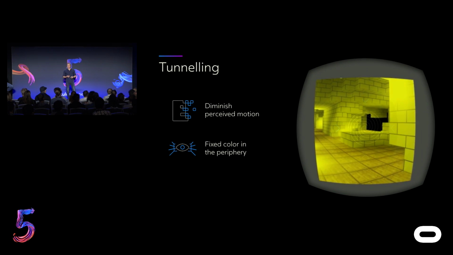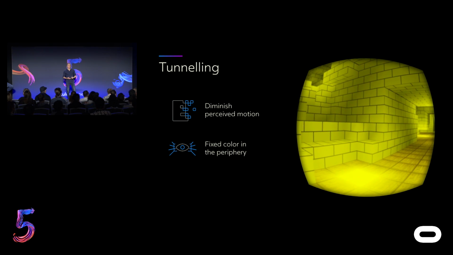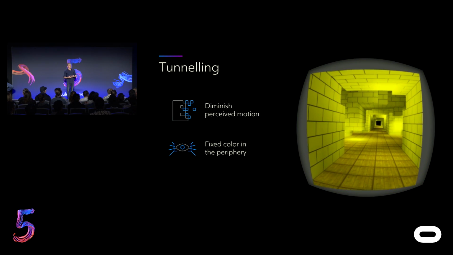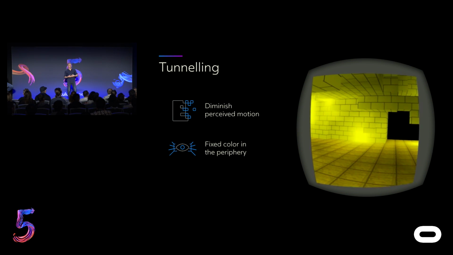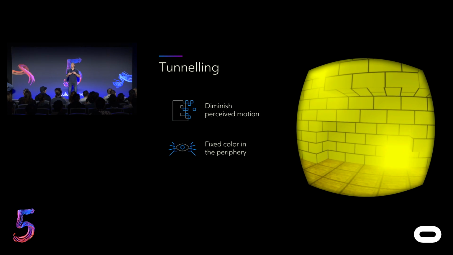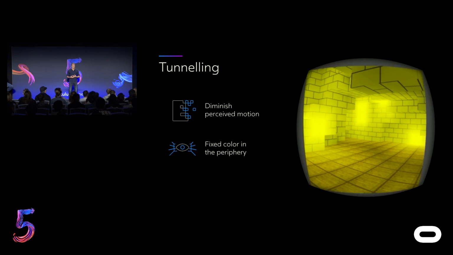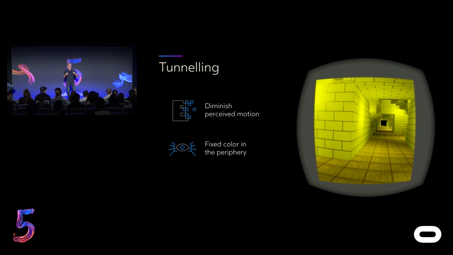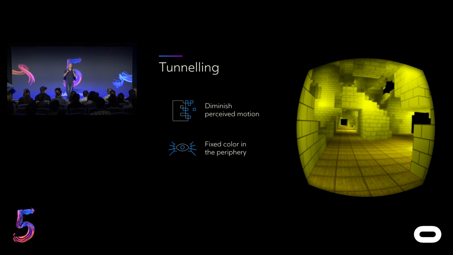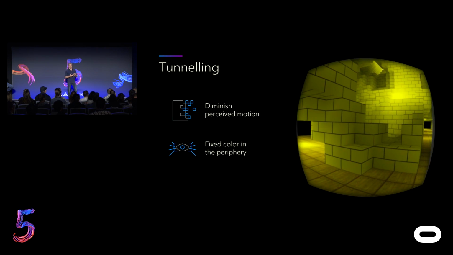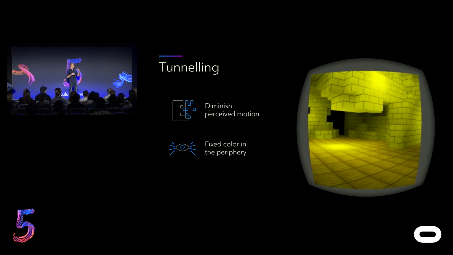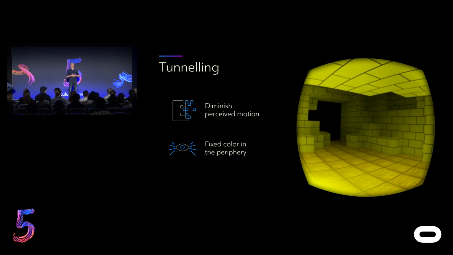First off, a technique that we refer to as tunneling. Now, this you might well have seen in a number of applications already. This is where we respond to any locomotion, any movement that is beyond what you're experiencing in real life. We respond to that by dynamically bringing in the periphery of the view, so that, as you can see in this case, we've done a simple example where we shrink it in and show gray in the periphery.